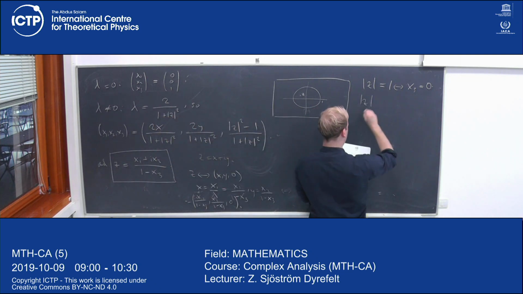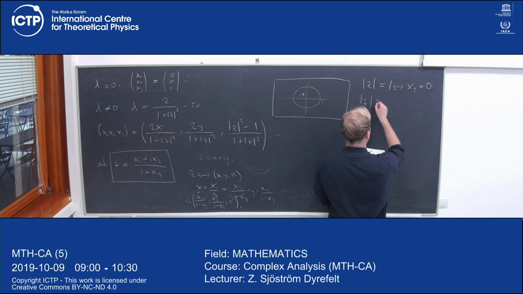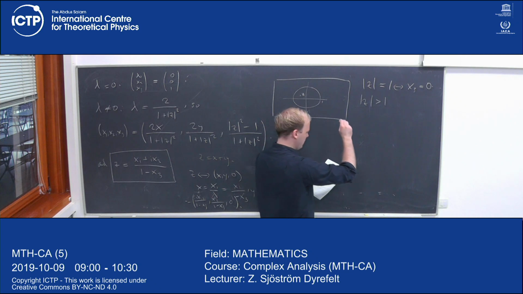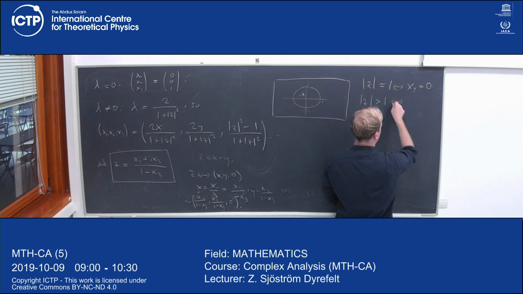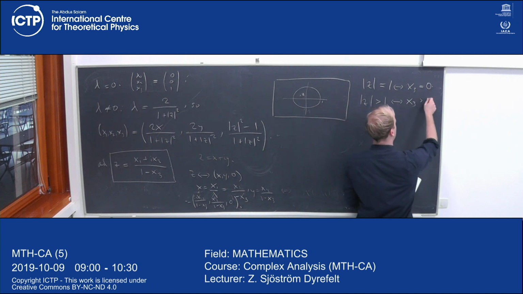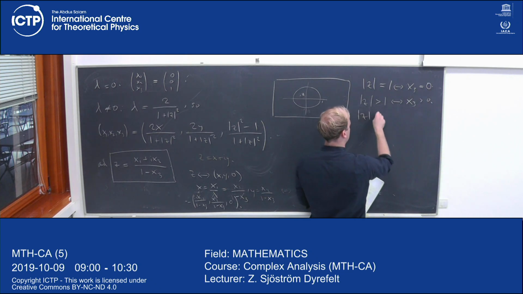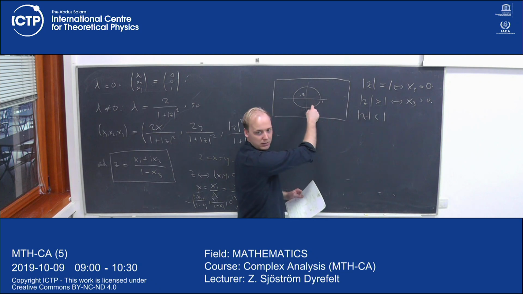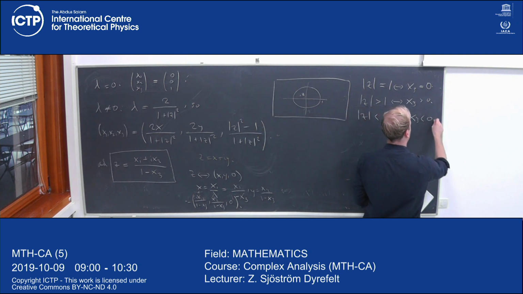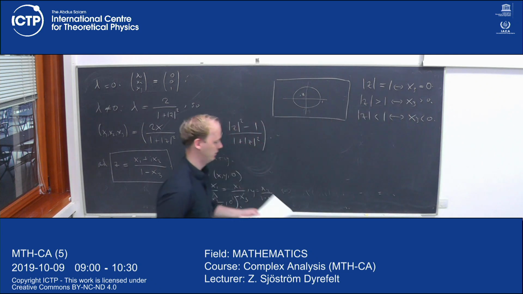So now if the absolute value of z is greater than 1, so you're very far away, then you will associate something which is on the northern hemisphere, right? So then x3 is greater than 0, and if you're here on the inside of the circle, then you associate something on the southern hemisphere, so x3 is less than 0.